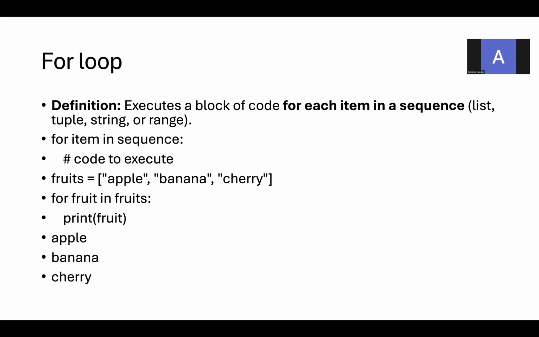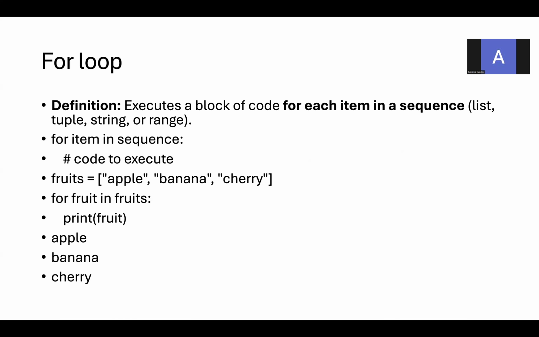For item in sequence. For example, fruits is the variable where we store apple, banana, cherry. In for fruit in fruits, fruit is a variable which is going to iterate through all the items in fruits, and it is going to print each item in the list one by one.